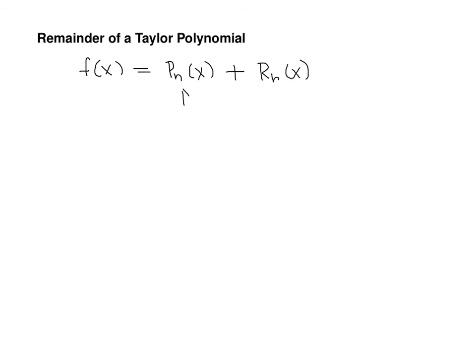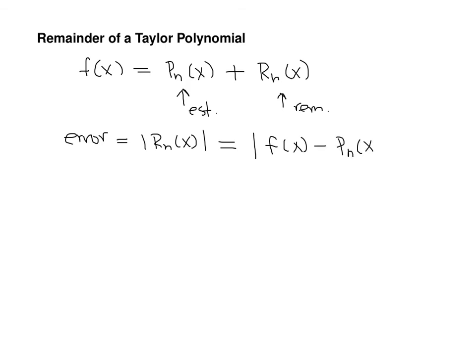So this is your estimate and this is the remainder. And that tells you that the error that you make is equal to the absolute value of the remainder for some particular x, which is the same thing as taking the difference between the function value and the polynomial value at that particular place.